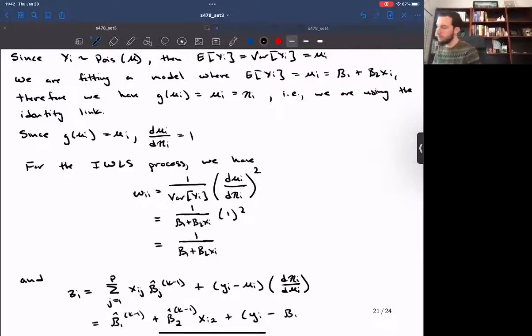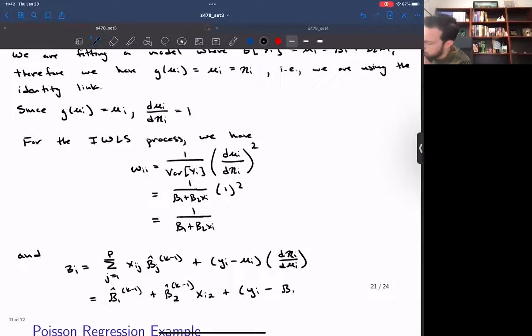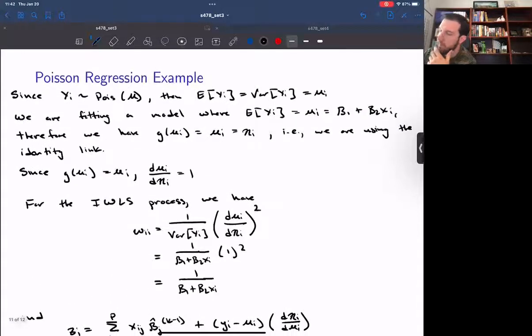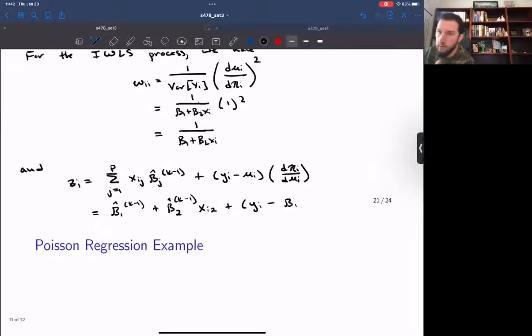Okay, well, I guess we can write these. This isn't the clearest explanation, but we can say minus the mu_i. So the mu_i we know is equal to the expected value of y_i, which is going to be beta 1 plus beta 2 x_i. We're going to write this particular part in terms of the estimates rather than the actual model parameters.